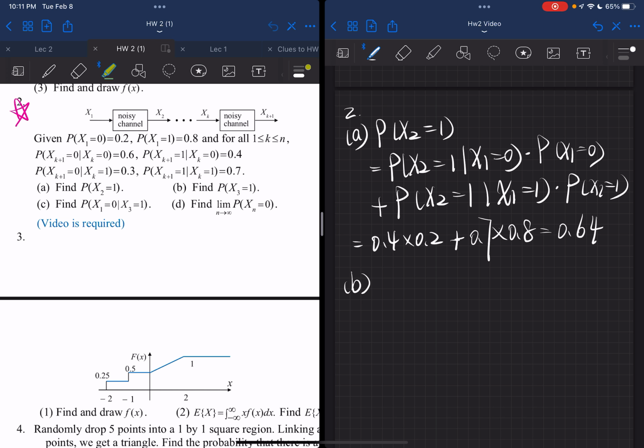For part B, we need to find the probability that x3 equals 1.